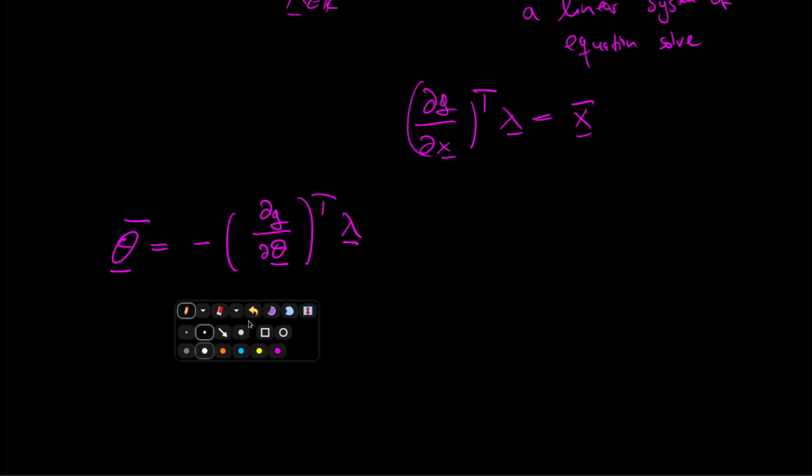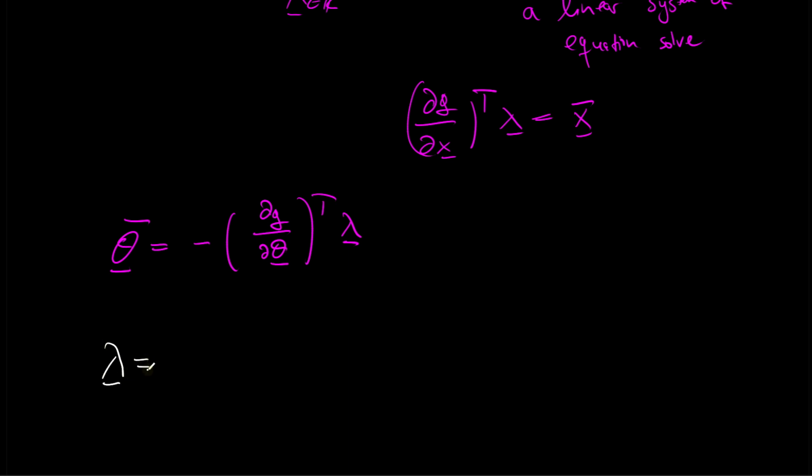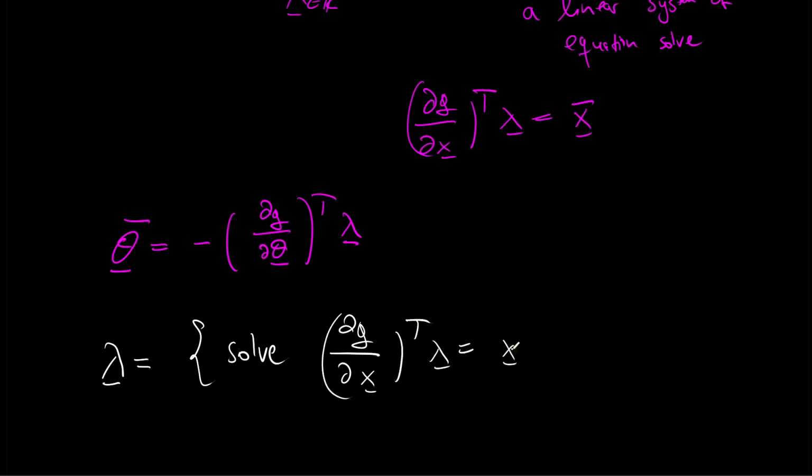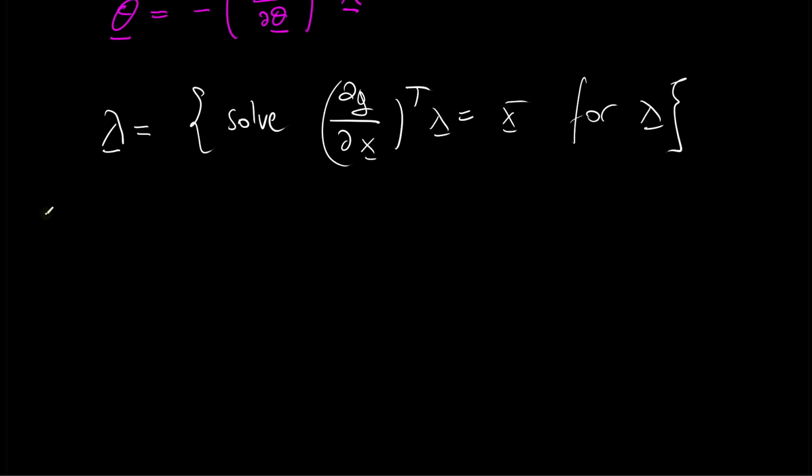And in that sense, we can maybe also make this even more verbose and say that lambda, so this multiplier, is given as the solution to the linear system of equations dg with respect to x in brackets transpose times lambda is x bar, and solve this one for lambda. And with the help of lambda, we can then write the full pullback rule.